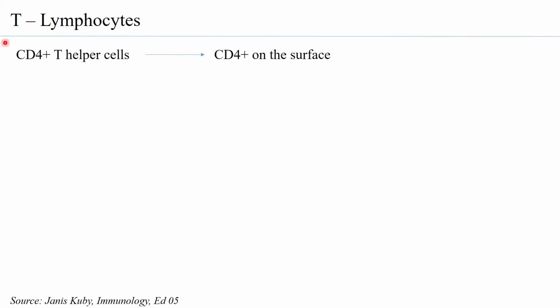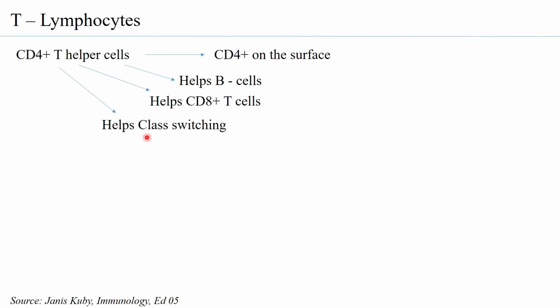What has been observed with respect to the functionalities of CD4 plus T cells is that these help B cells to get activated and function. These help CD8 plus T cells, which is the second subset of the T cells, to get activated and function. It helps in what is called class switching.